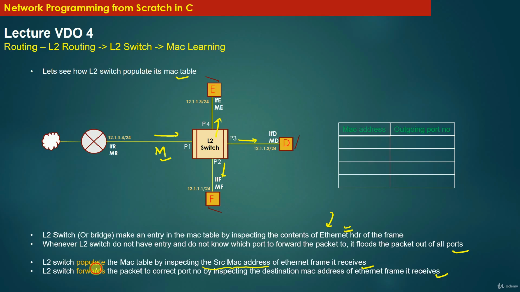So the L2 switch takes two actions. It populates the MAC address table and it forwards the frame using its MAC address table. Now let us discuss step by step how the L2 switch populates its MAC address table and how it forwards the frame using its MAC address table.